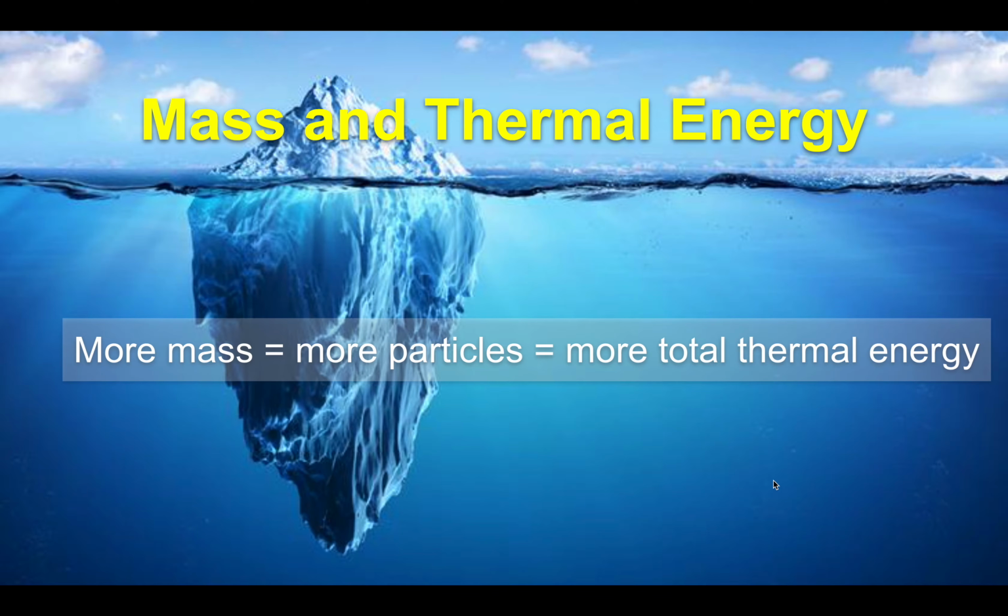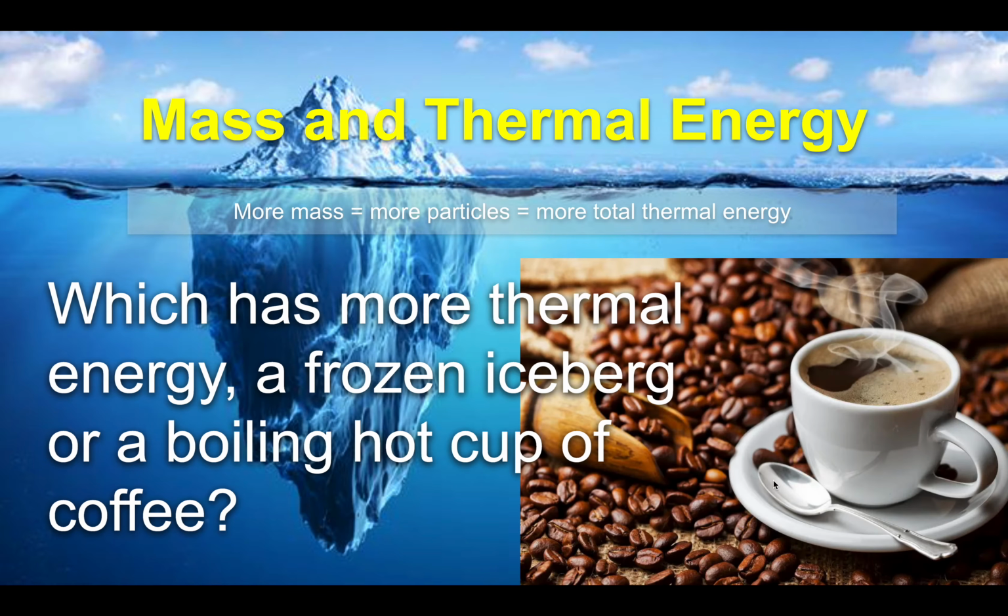Because the more mass something has, the more particles it has, therefore having more total thermal energy. Okay? So we have to consider both temperature and mass when we're thinking about how much total energy there is, or how much thermal energy there is.